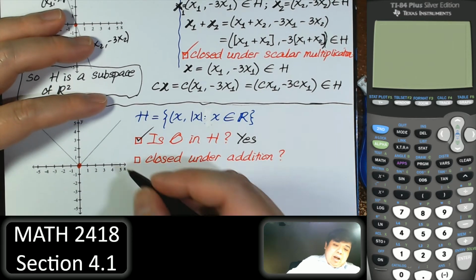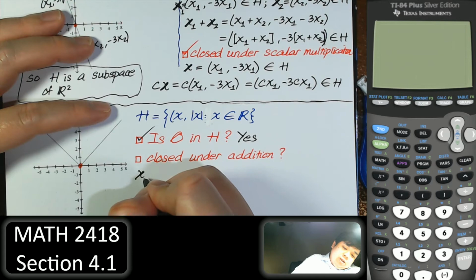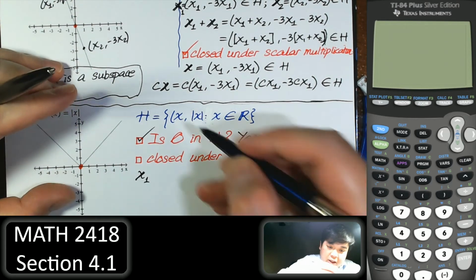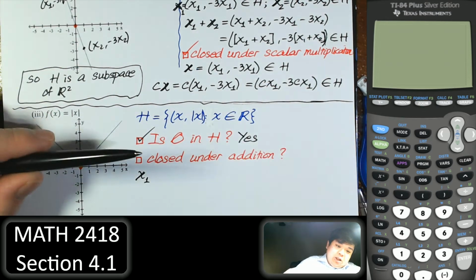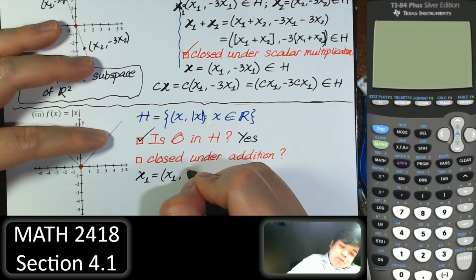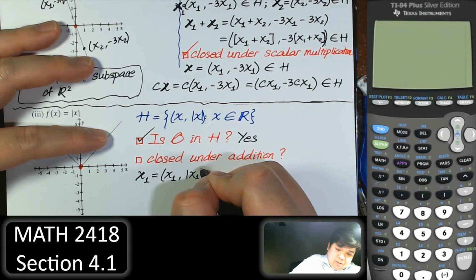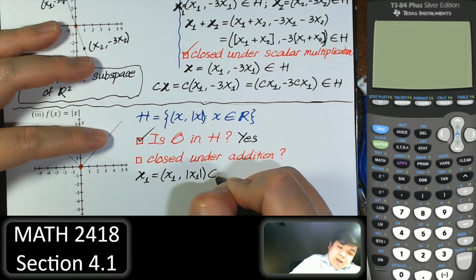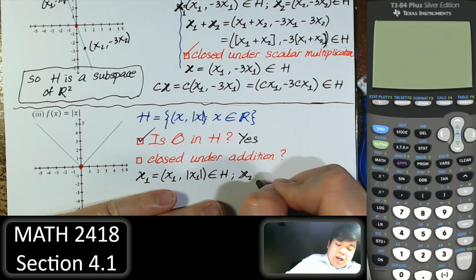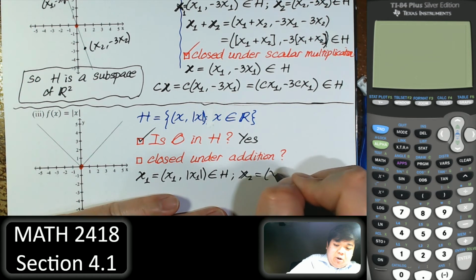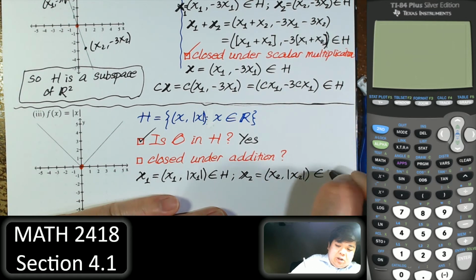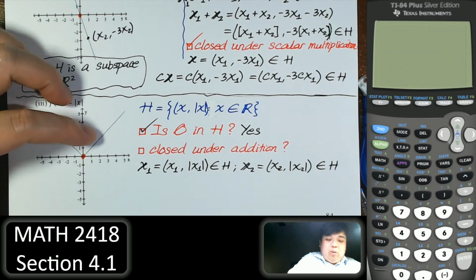Right. Once again, we pick a point in H. We'll have this form, so I will say x1 and the absolute value of x1. This is in H. Now just pick another point in H. Of course, it will take the form of x2 and the absolute value of x2. And then we add them.